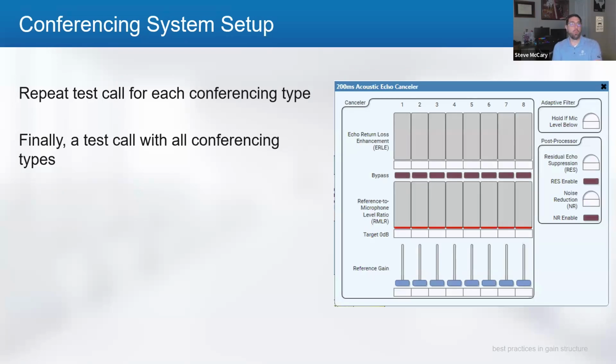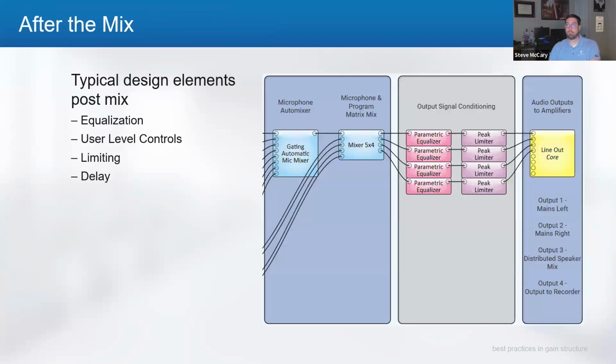All right, so once we do this, we will go through and do test calls. When you're doing a test call, if you have multiple codecs or ways of coming into the system, if you've got a soft phone and an MTR or whatever it is, do a test call with every one of them and make sure that everything is good.